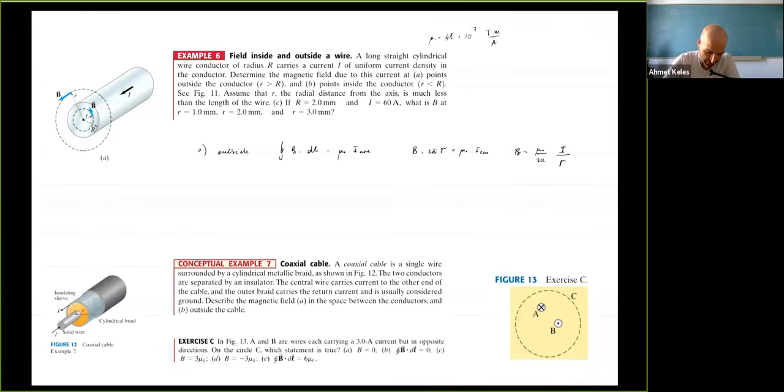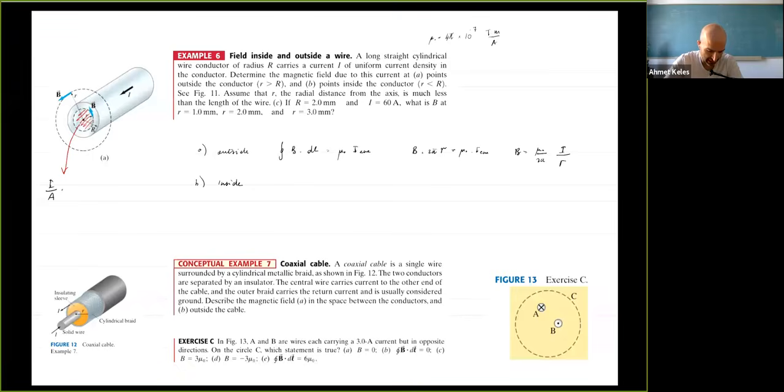Okay, and B inside. Now I choose a path inside, and I need to calculate the total enclosed current. For that, I need to know the current that is passing through this area. Total current is I divided by the total area, which gives the current density.